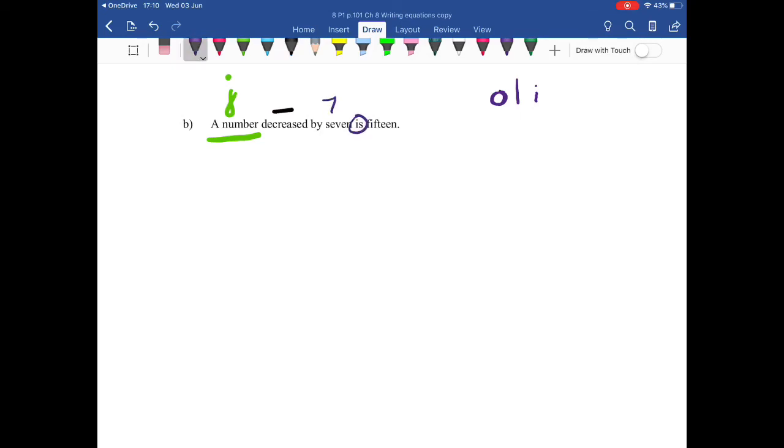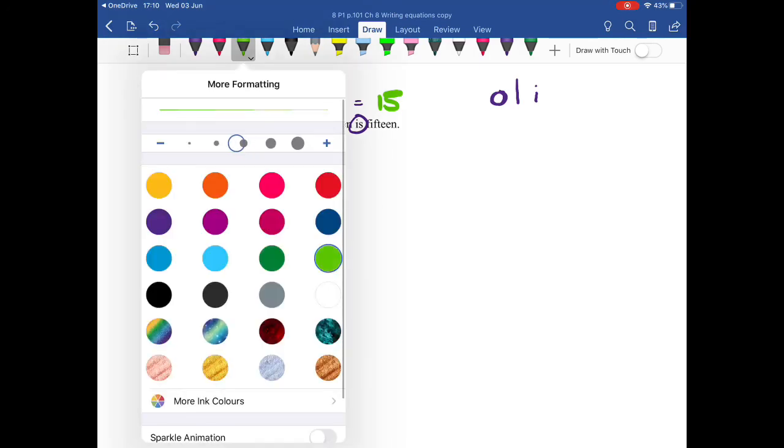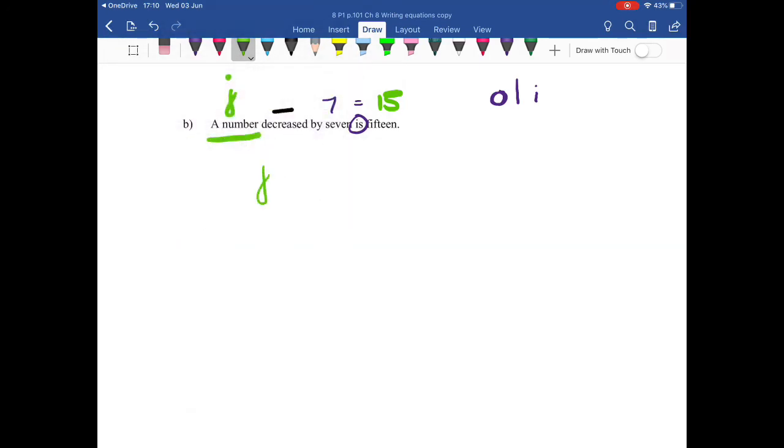Is equals 15. So now we write that in algebra. So I'm going to say J minus 7 equals 15. So you have translated from English into algebra.